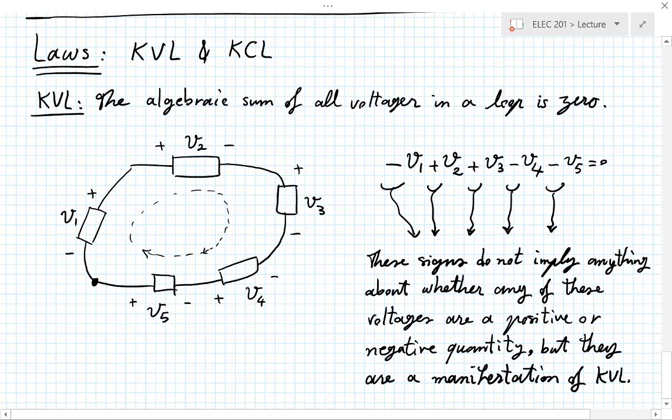So start from this node at the bottom left. Go around the loop. Every time you see an element, if you see its negative side first, include it with a plus in your equation. And if you see its positive side first, include it with a minus. Write that equation. Shouldn't take more than a minute. So the same thing that I did, but reverse my sign convention.